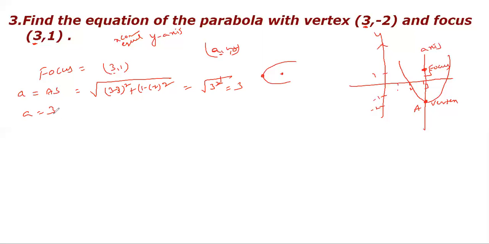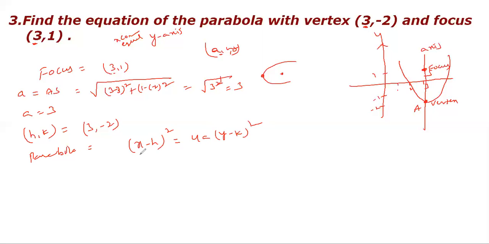Next, to find the equation of the parabola: when the vertex h comma k is given as 3 comma minus 2, the parabola equation is x minus h whole square equals 4a into y minus k.